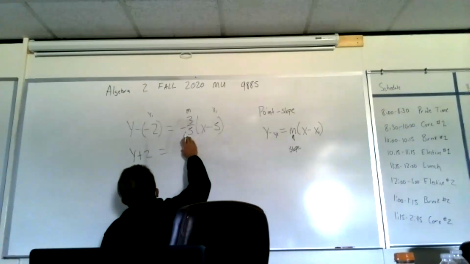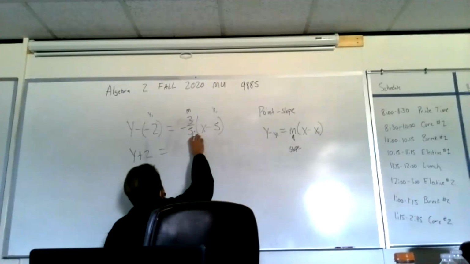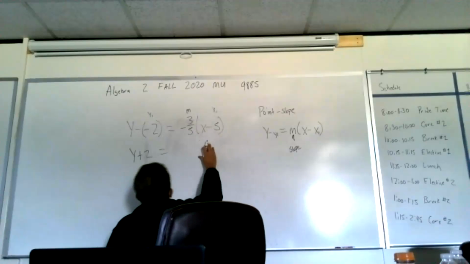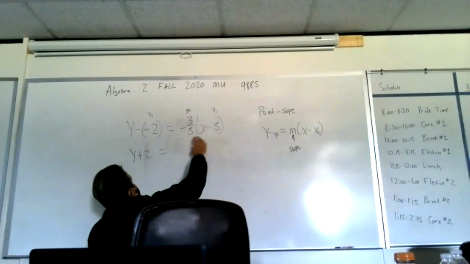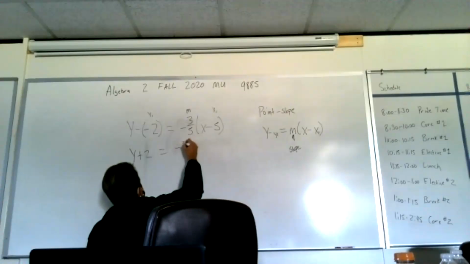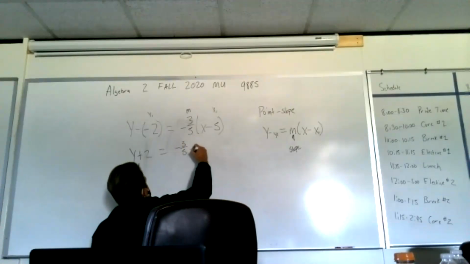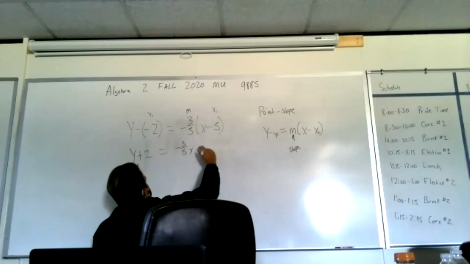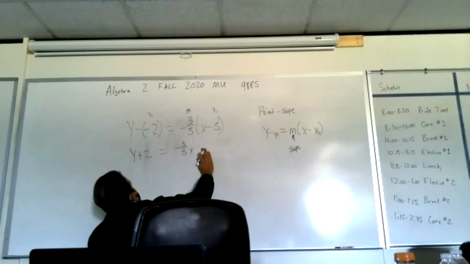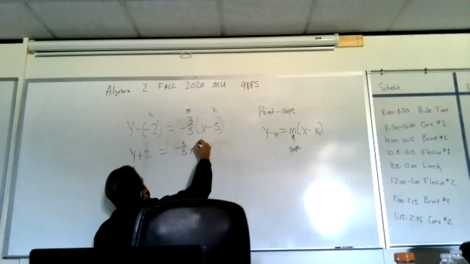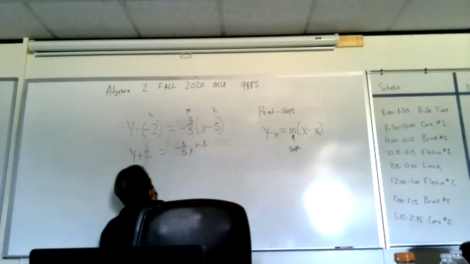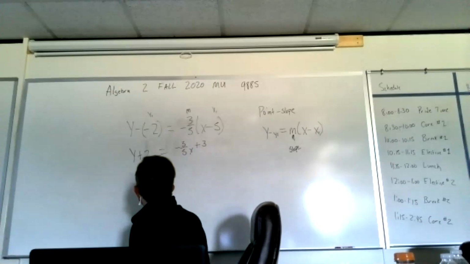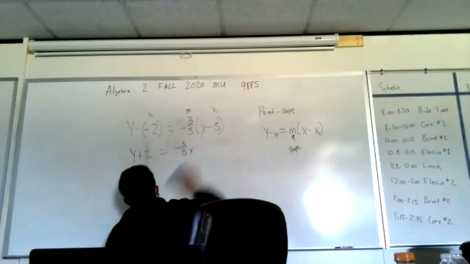So I have to take this -3/5 times x, but I also have to take it times -5. -3/5 times x gives me a -3/5 x. And then -3/5 times -5 should give me +3. Because they're both negatives, I'll write that a little bit bigger.